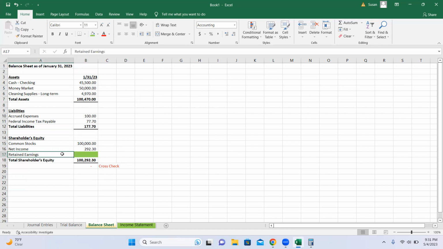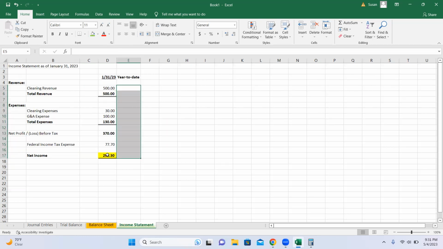So basically, retained earnings is like the accumulated net income balances of all the years, whereas net income is the year to date, what's going on this year. And this is very important for investors or whoever reads these reports, because it's telling you how we are doing this year. If this was a negative, it's saying that the company is not operating at a profit.